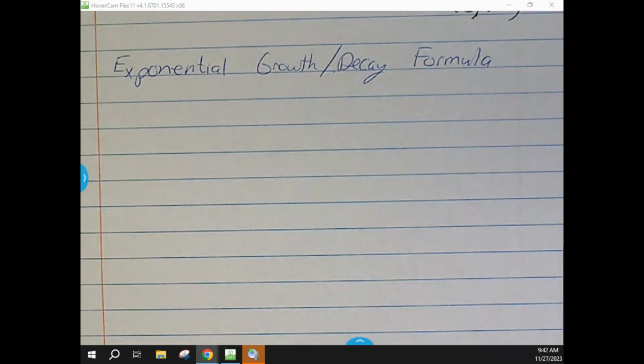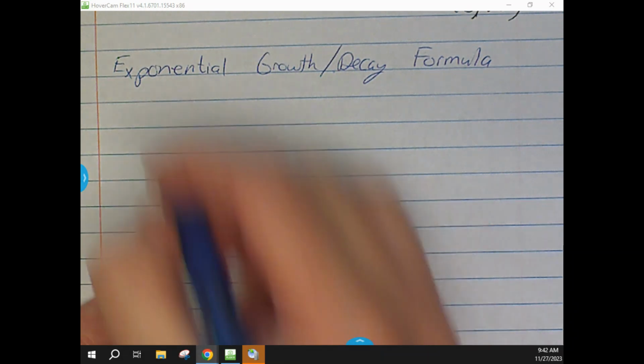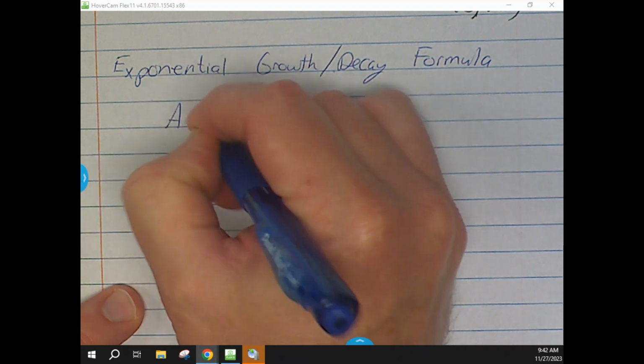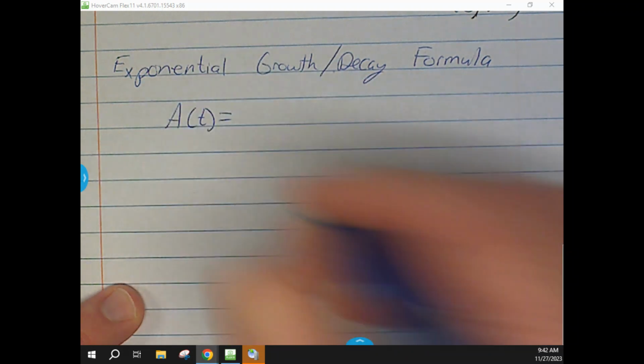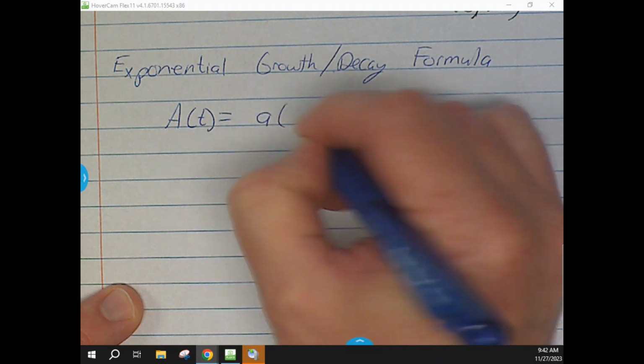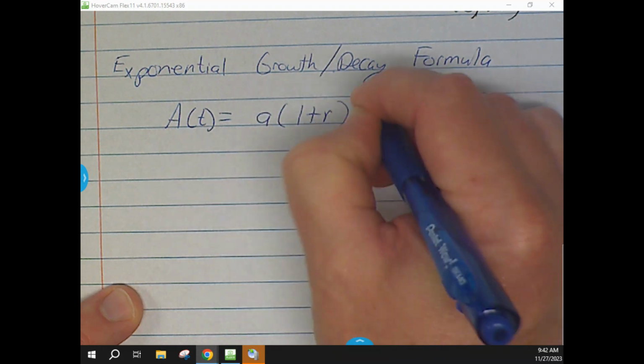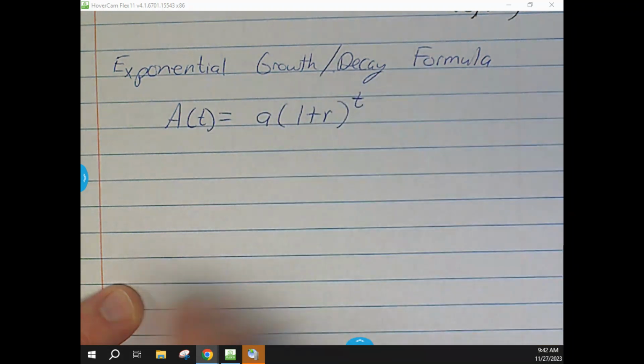Now, there's all kinds of different growth and decay formulas out there. For every formula, there's one that fits in a certain specific way. But as far as just a general basic idea, this is kind of where they all start.